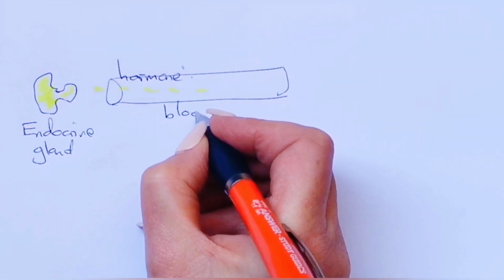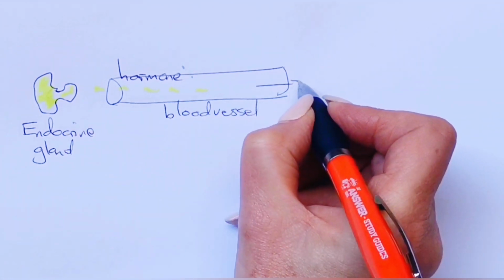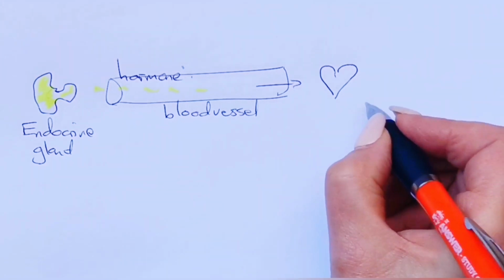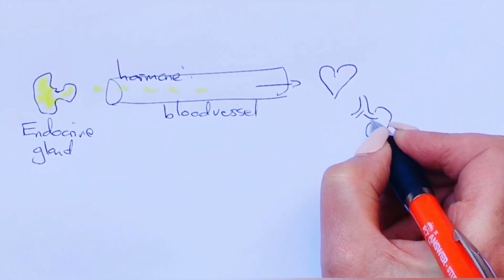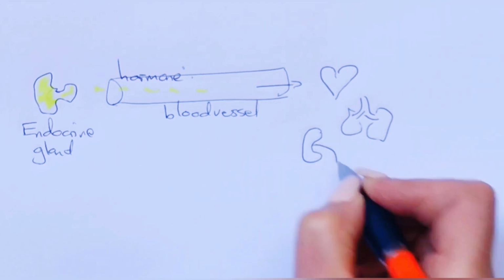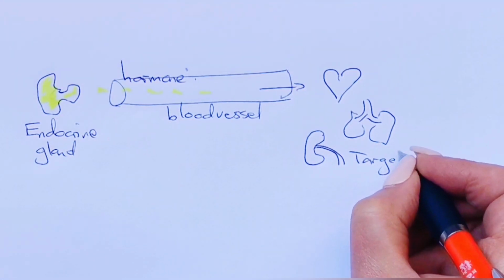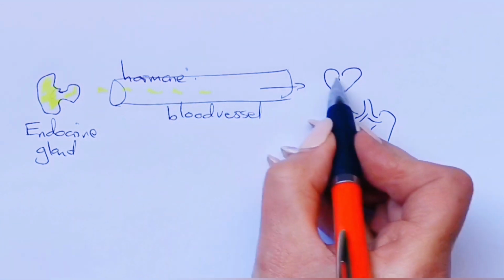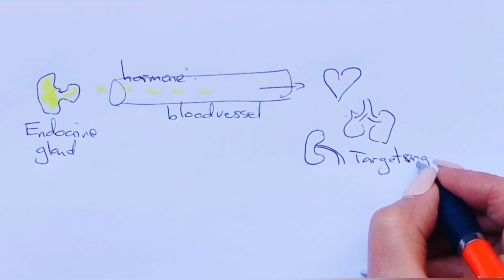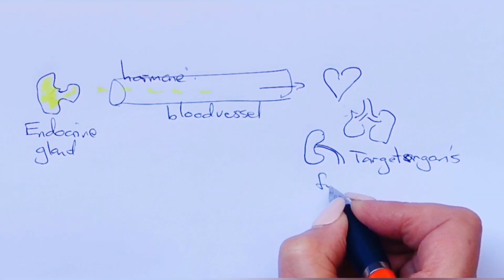And this blood vessel, with the hormone traveling inside the blood, is going to take the hormone to a target organ. Now, that target organ may be the heart or it may be the lungs. Every hormone has a different target organ. Perhaps it's the kidneys. What will happen when the hormone reaches the target organ is that the target organ's function will be altered.